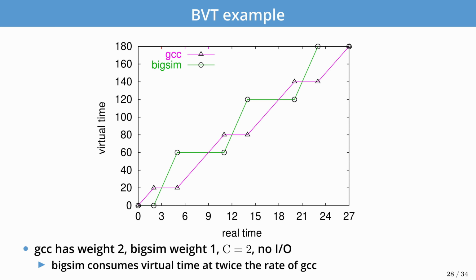And you see that GCC runs approximately twice as much wall clock time as BigSim. It's increasing at twice the rate. BigSim is consuming twice the rate of virtual time. All the processes' virtual times are lining up roughly, but the wall clock times are not the same because of those weighting factors.